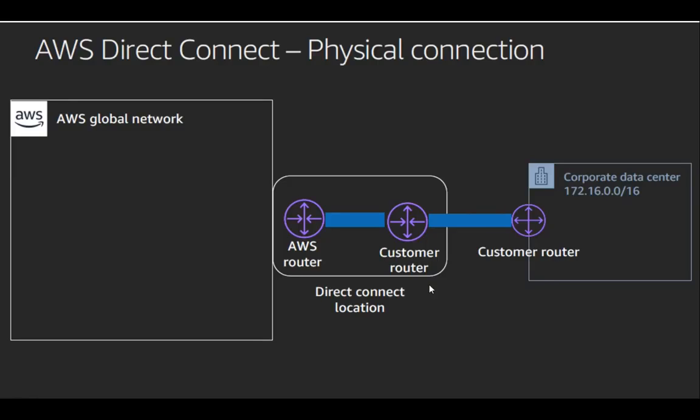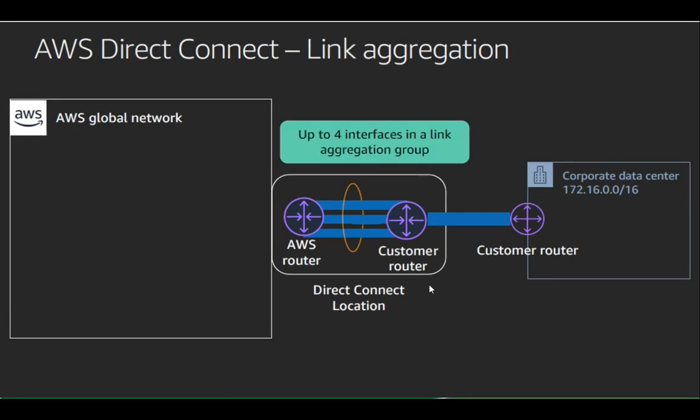The backend pairing to AWS will be taken care of by the Direct Connect provider. You can also have up to 4 interfaces in a link aggregation group. If you want to use LAG, you can have up to 4 interfaces in a LAG. This will aggregate all the connections, and you'll get higher bandwidth.